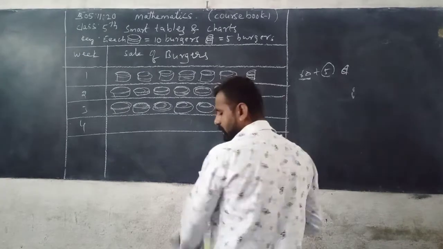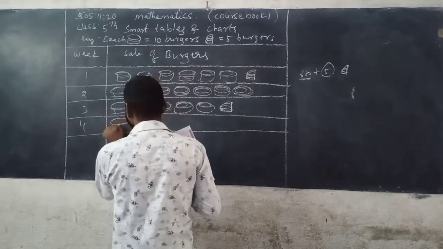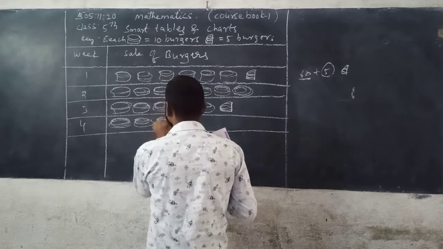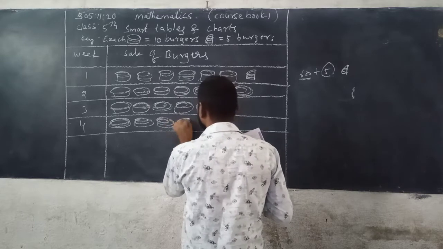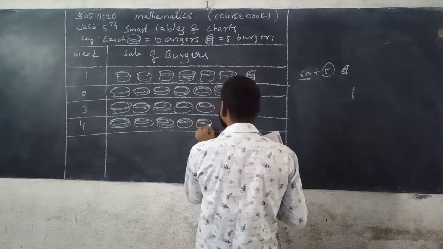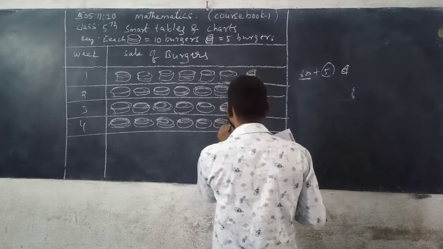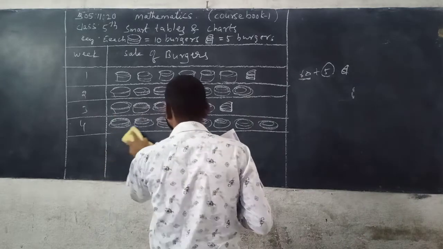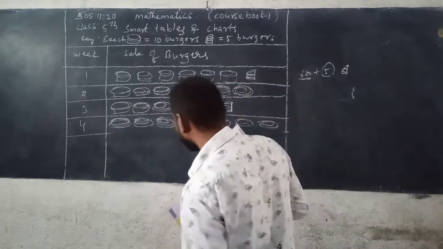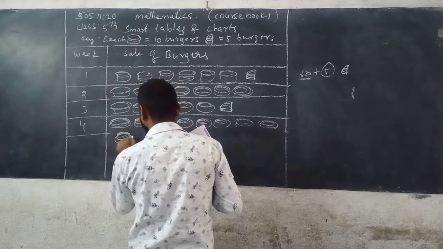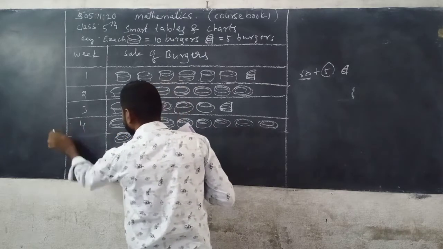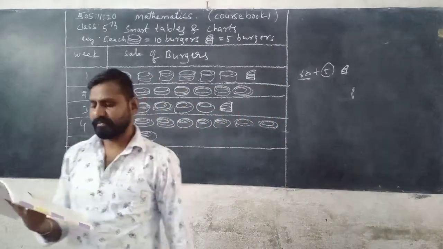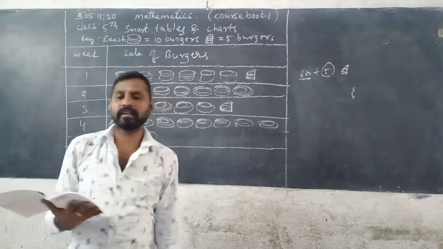Everybody draw 8 full burgers: 1, 2, 3, 4, 5, 6, 7, 8. See here, this is the pictograph according to the given information.